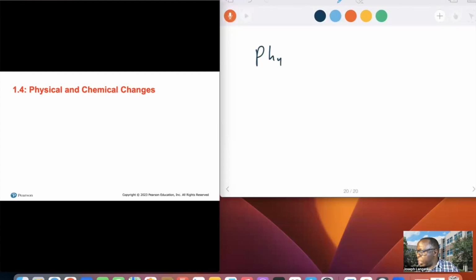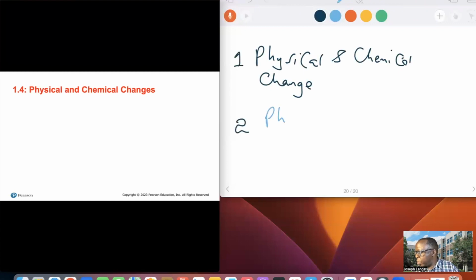There is the physical and chemical change, and then here is physical and chemical property.